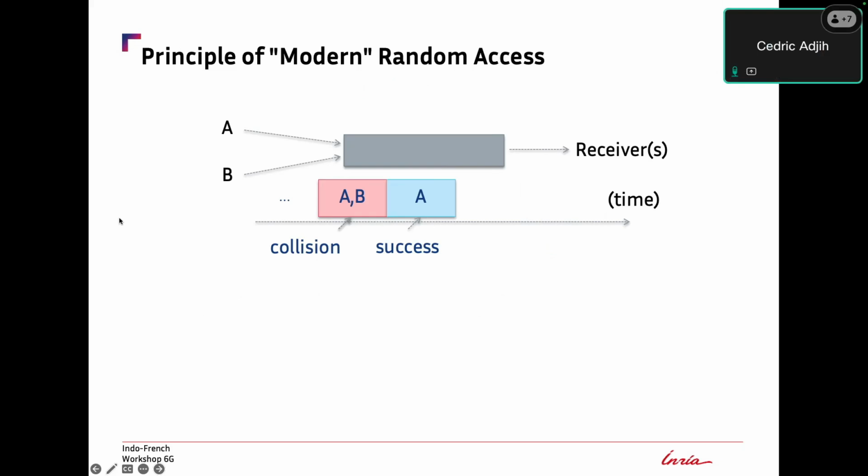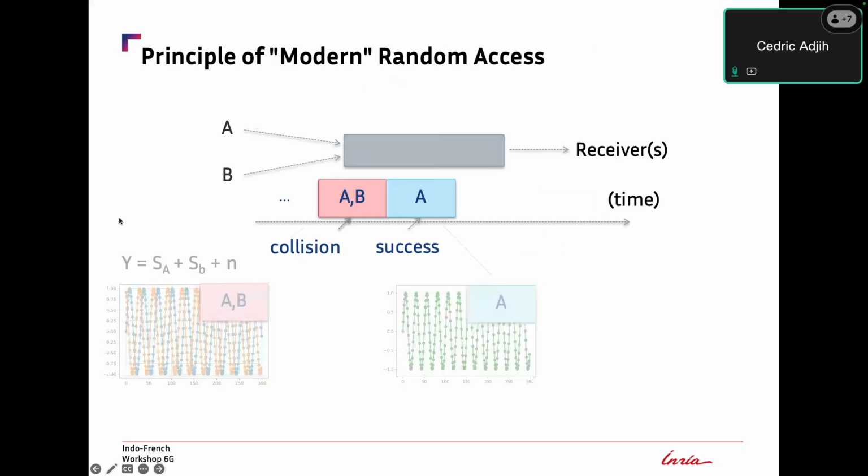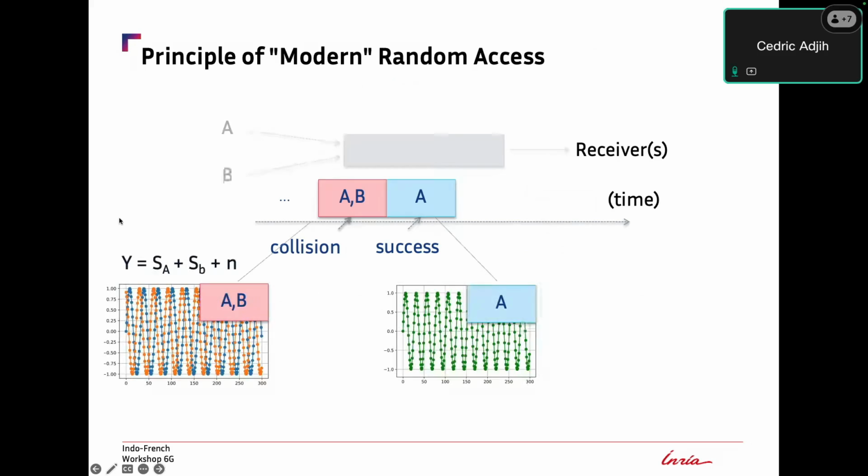You can reconstruct the signal of A, and then you can put a superposition here. Here you don't necessarily have a power imbalance, which is something to notice. Then you can try to remove the signal of A from this slot and get something which is hopefully the signal of B, and recover B.